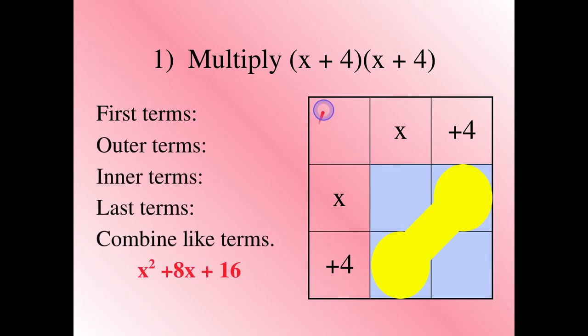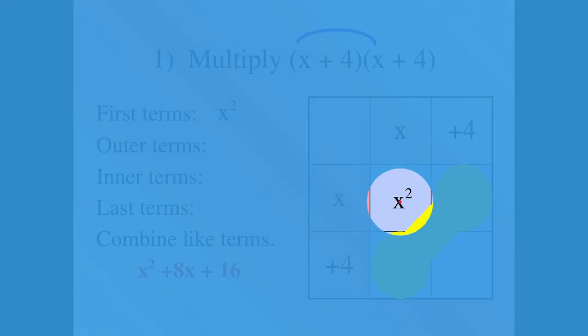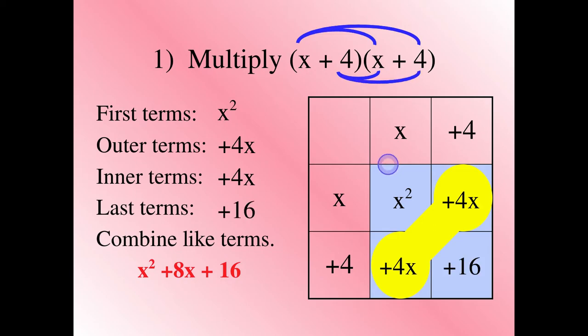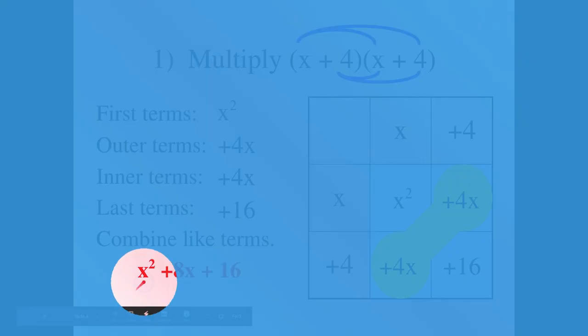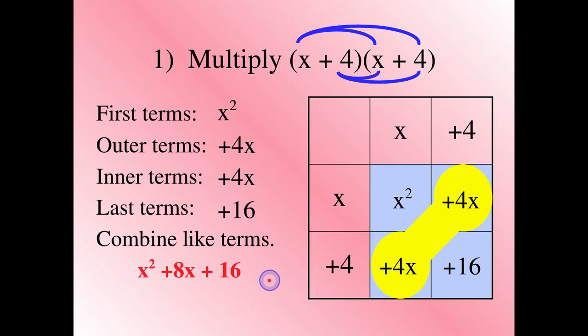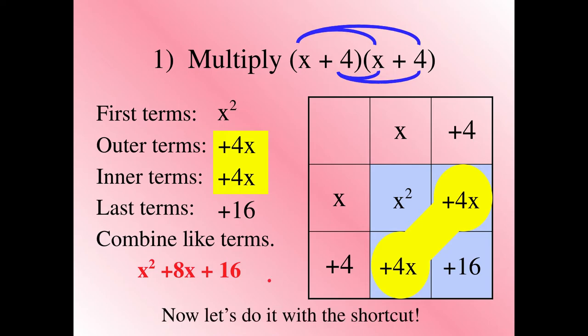Basically you're taking your x times your x, which is x squared in your box here, your x times 4, your x times 4, and your 4 times 4. Okay, so those are the terms. FOIL method, here's your box method. This is your final answer by combining those two like terms. So solving that is how you do it.